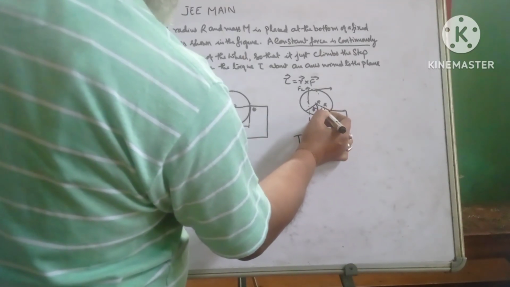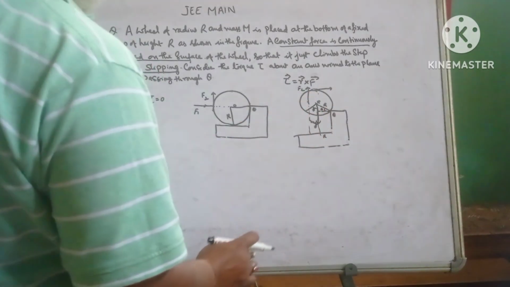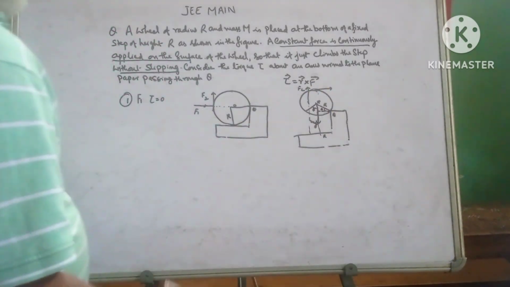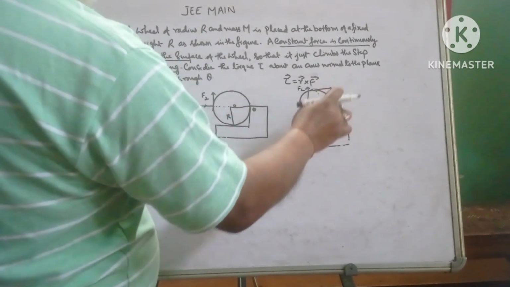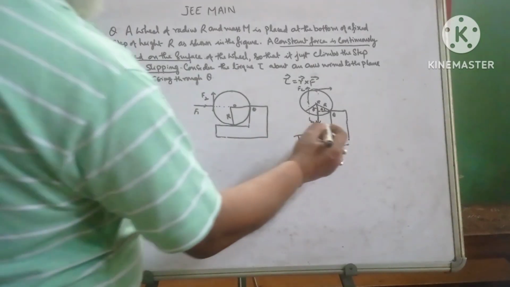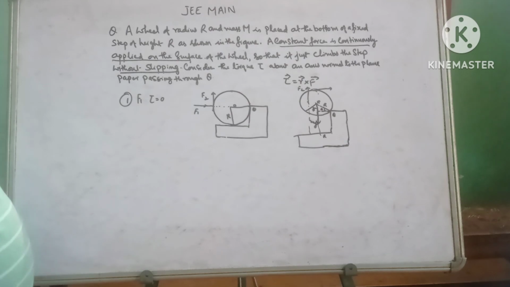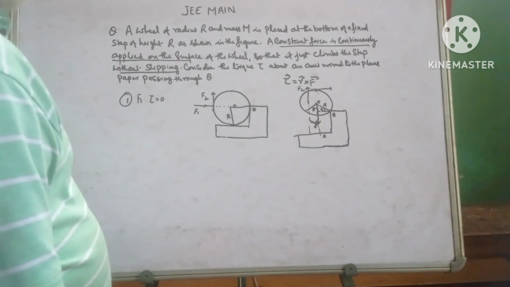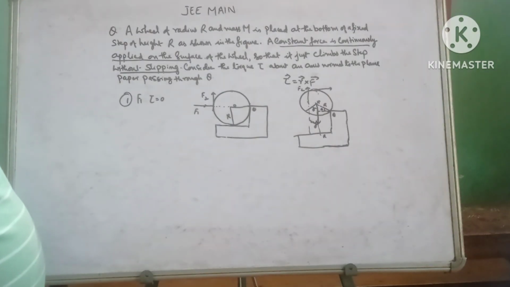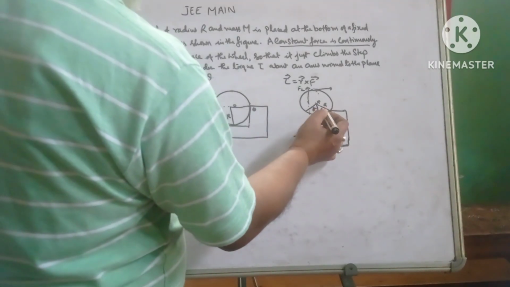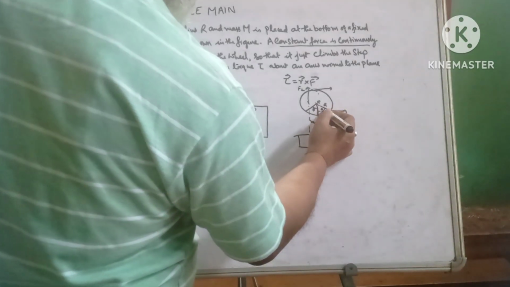This angle will be theta, and the weight will be acting downward. So this length will be r cos theta.